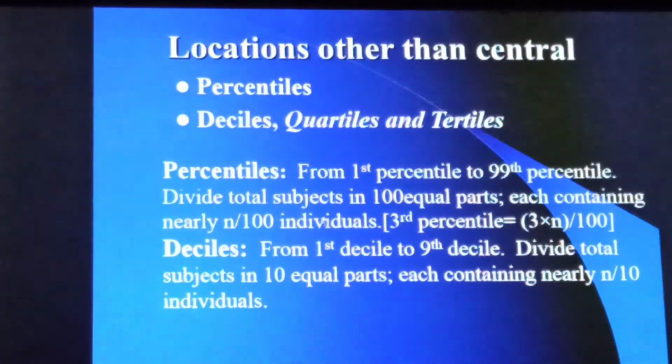Percentiles: we are all aware that even academic scores are given in terms of percentiles, 90th percentile, 95th percentile, like that. How to calculate the 93rd percentile? 93 multiplied by sample size divided by 100. Similarly, deciles divide into 10 equal parts.